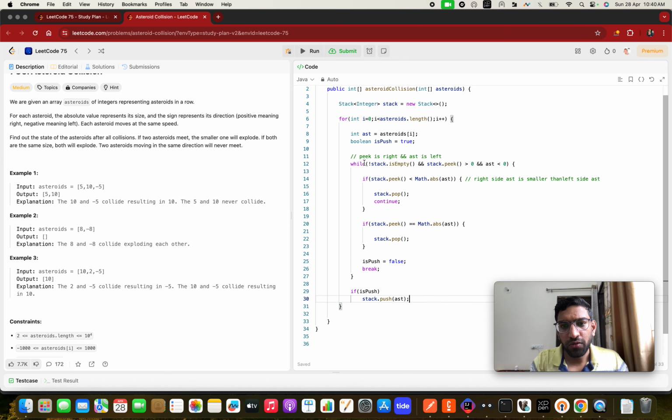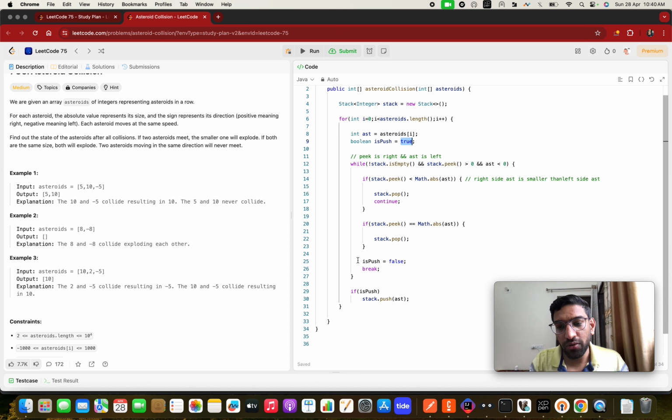So we are only checking the condition if there is a collision. If there is no collision, if the last asteroid and the current asteroid are of the same sign, it simply will go to the stack because we have initialized the flag with the value of true.